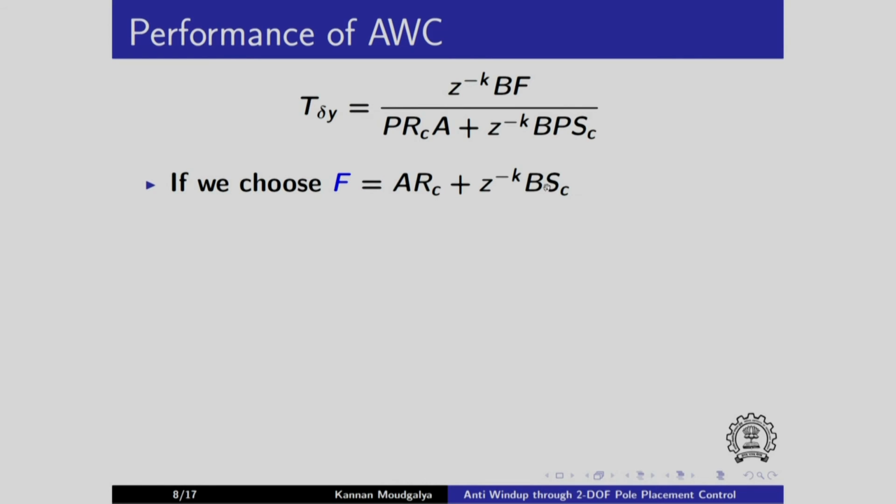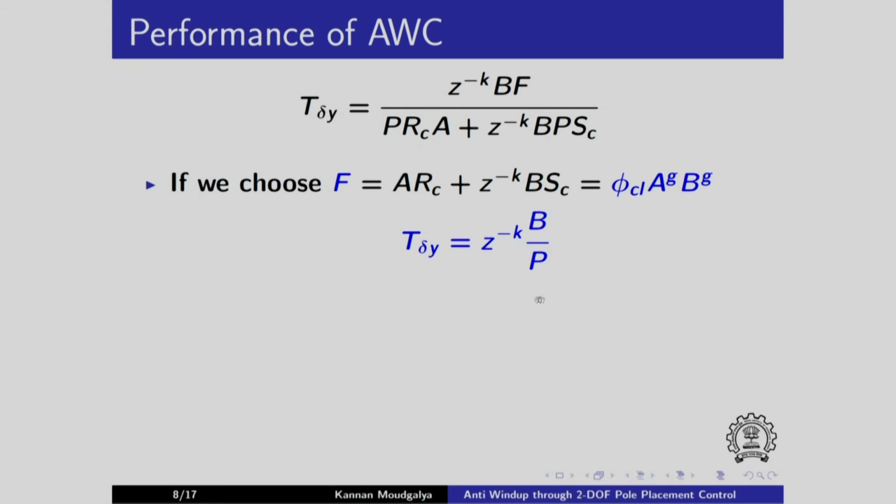Now notice that this term came in Aryabhata's identity. So it is nothing but phi CL into AG BG. When I substitute the first expression for F into this, that cancels an identical factor in the denominator, and we are left with z power minus k into b by p.